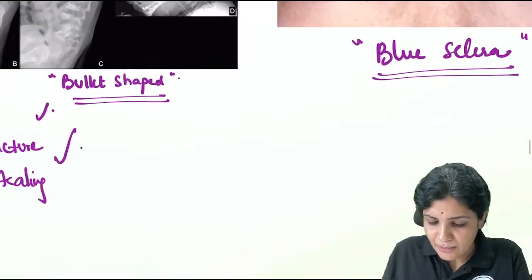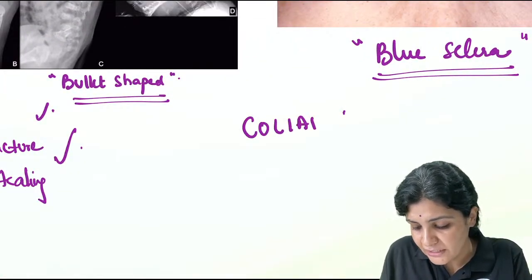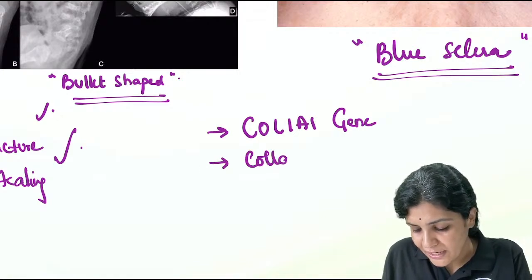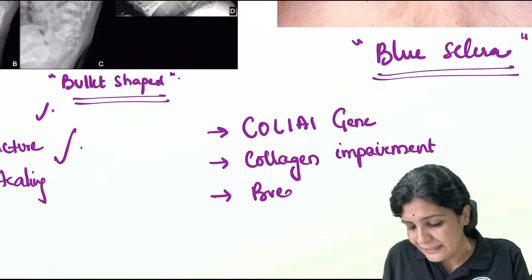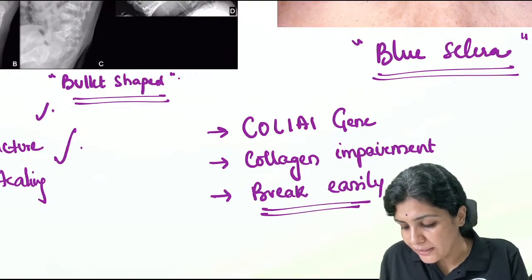So what you have to actually remember is first the gene. COL1A1 gene. That is the collagen which is impaired here. Because of the collagen impairment, the bones become weak and they break easily. So this is the deficiency in the organic matter.